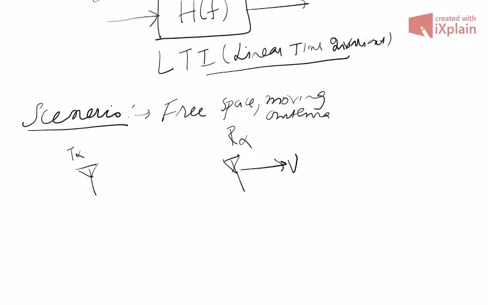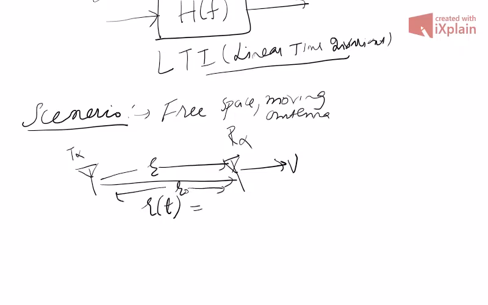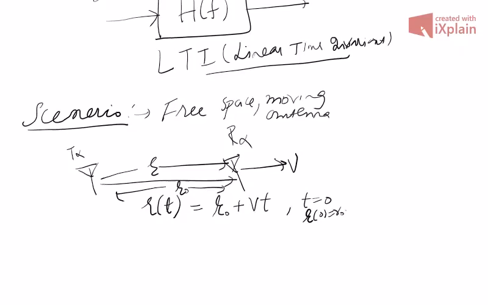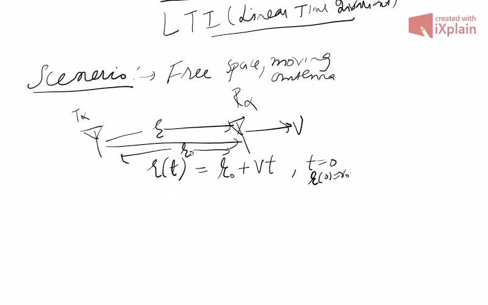You are with a mobile and you are moving with velocity v. Then the distance from the antenna will now be a function of time. Let's say that initially it was at distance r0, and then it started moving with velocity v. So at time t, the distance will be r0 plus vt. So at time t equals 0, r of 0 is r0. It was initially at r0 and then it started moving.